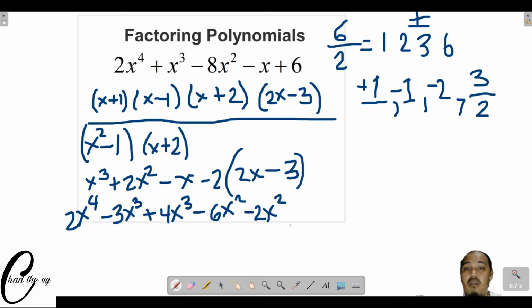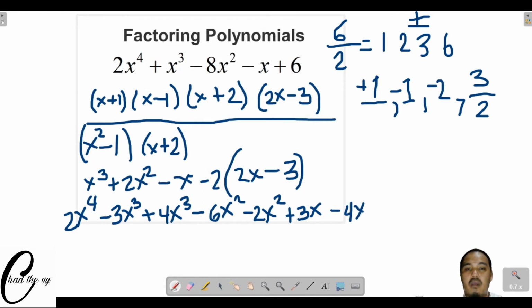Negative x times negative 3 is positive 3x. And negative 2 times 2x is negative 4x. Negative 2 times negative 3 is positive 6.